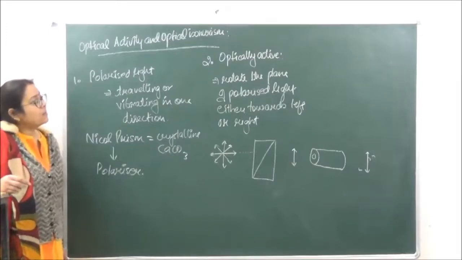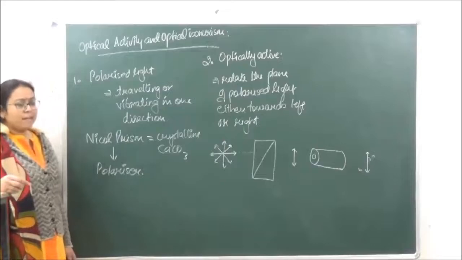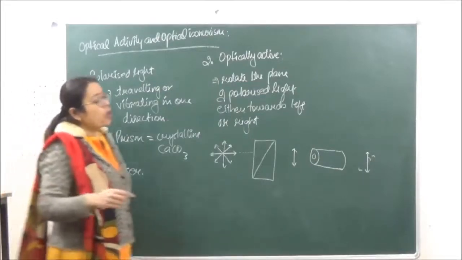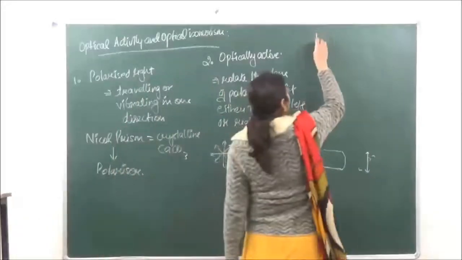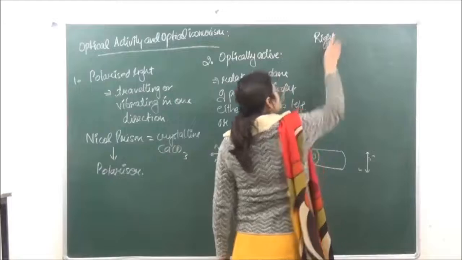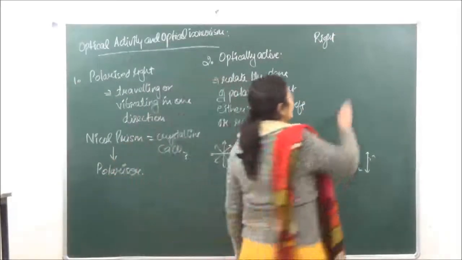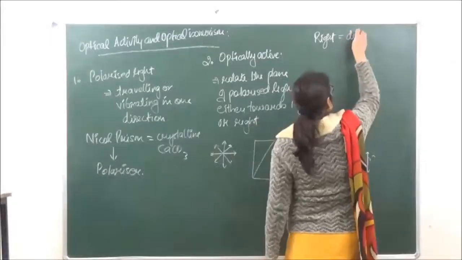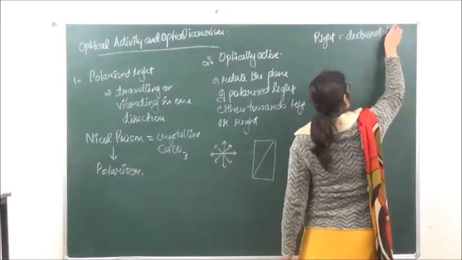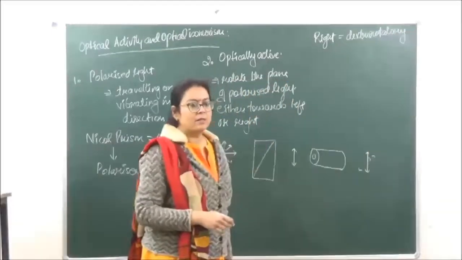Now, as we said, the plane of polarized light can be rotated either towards left or towards right. All those substances which are rotating the plane of polarized light towards right are said to be dextrorotatory.